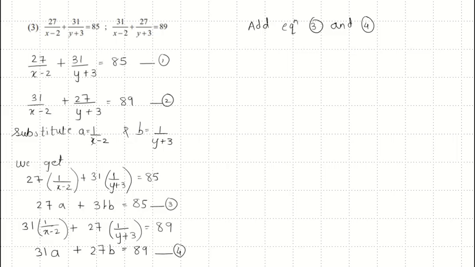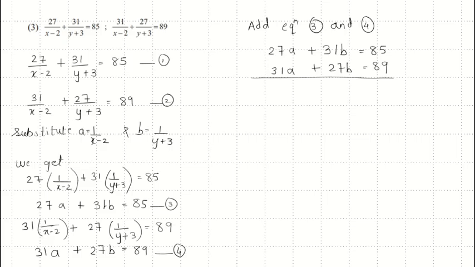And in the first you see 31b and in the second equation you see 31a. So we will try to add it. The third equation is 27a plus 31b is equal to 85. Add 31a plus 27b is equal to 89.